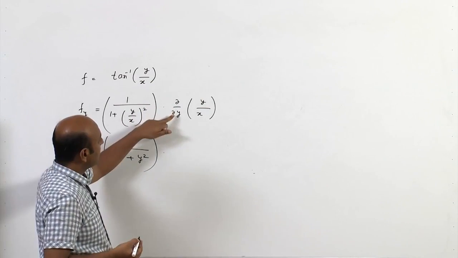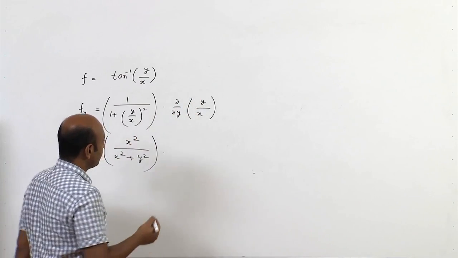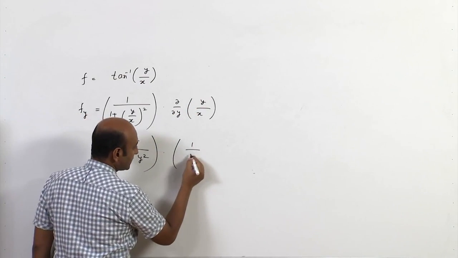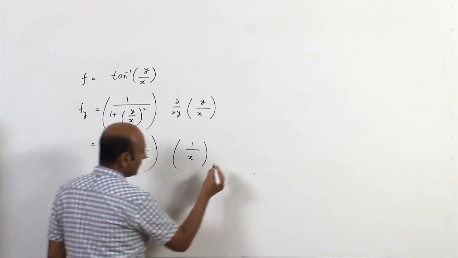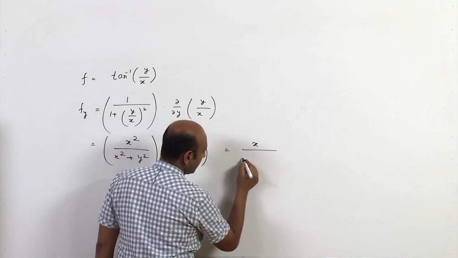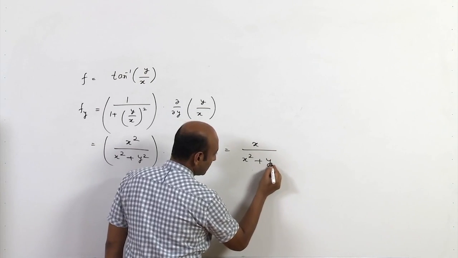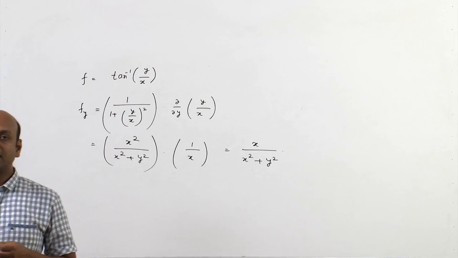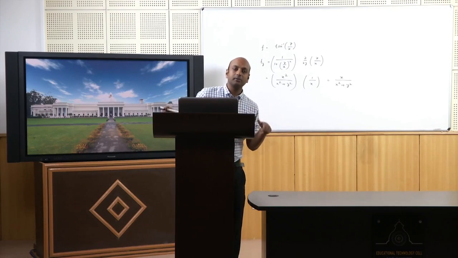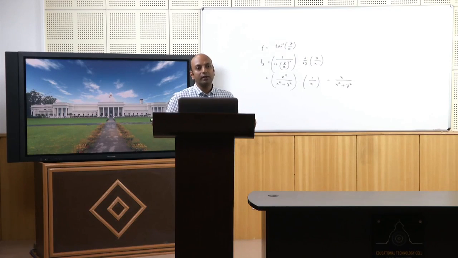Now, del upon del y of y upon x is simply 1 upon x. Okay. And this is nothing but x upon x square plus y square. So, this is how we can find out del f upon del x or del f upon del y for some function of two variables.